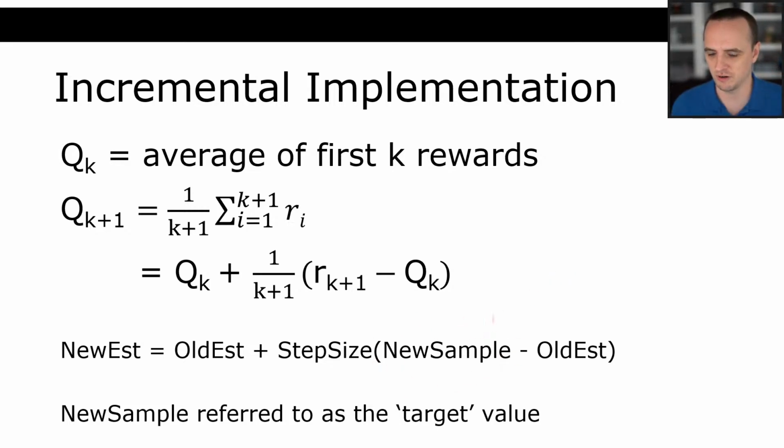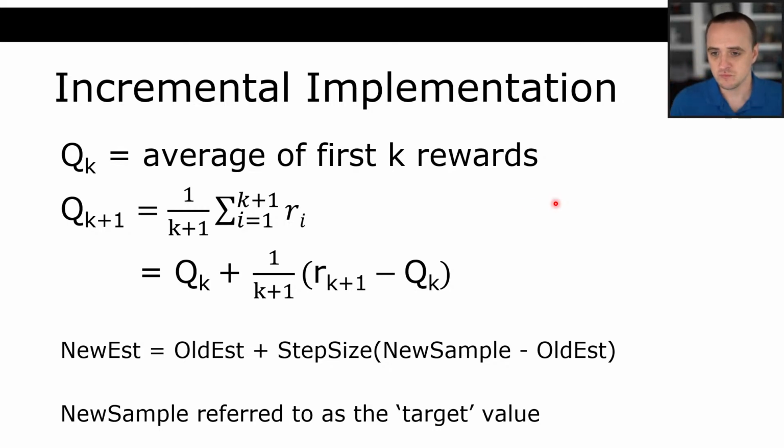It means the target value is what we want to update our estimate to more closely reflect. So for example, if we got a sample of 100, 100 is our new sample, so that is the target. We want to move our estimate toward 100 by some value.